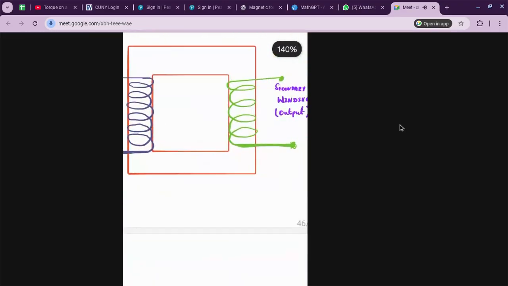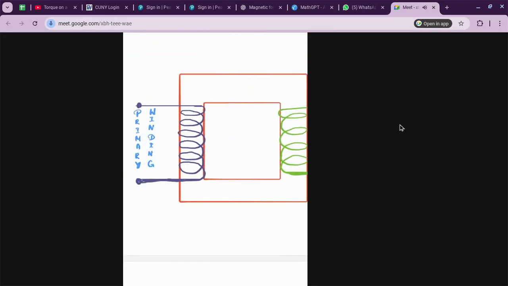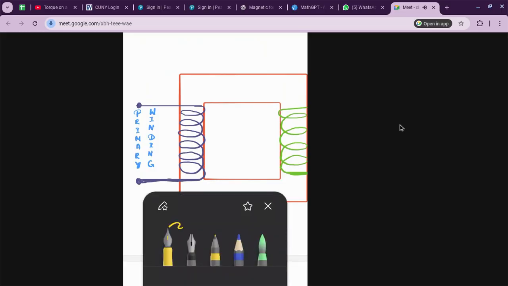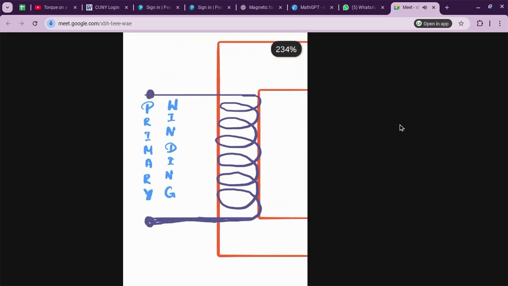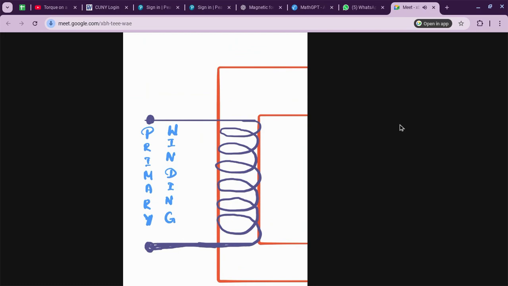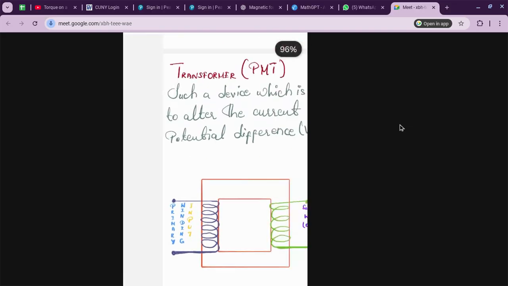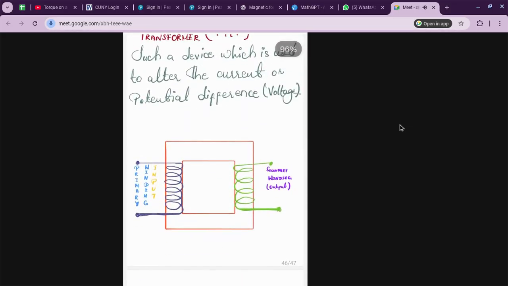At the secondary winding, we get the output, and at the primary winding, we have the input. This is the input winding, this is the output winding.